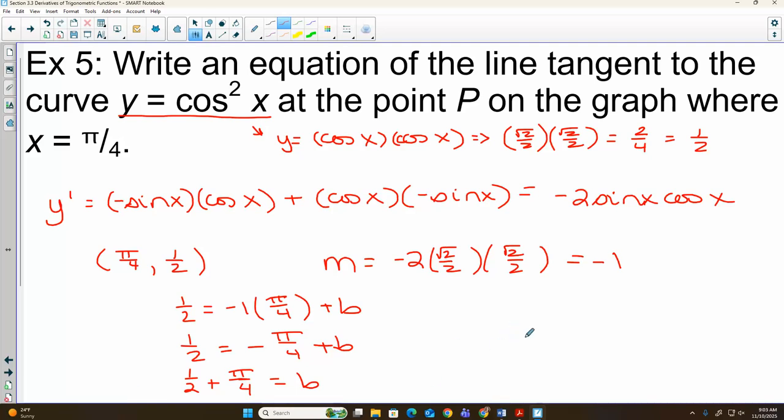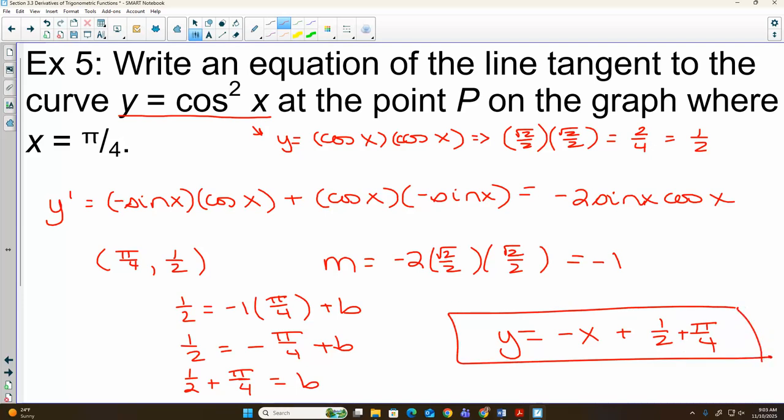You could make that a single fraction if you wanted, but I'd rather keep it in terms of pi than get a decimal. So our equation is y equals negative x plus b, so 1/2 plus pi over 4. So something we've done before just looks uglier because we have all of those expressions, our trig functions.